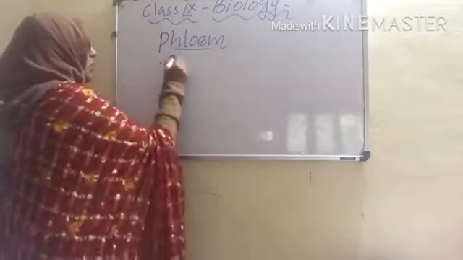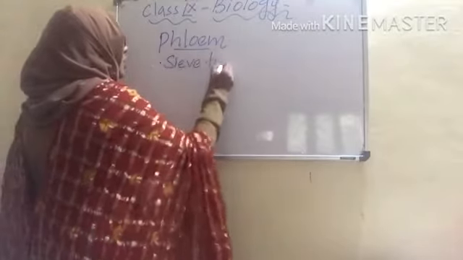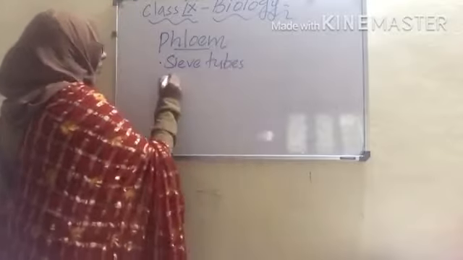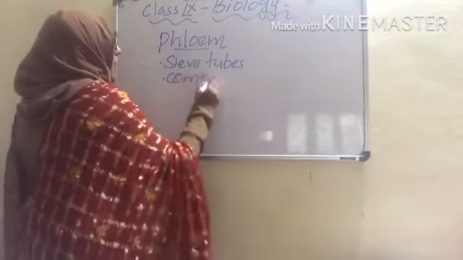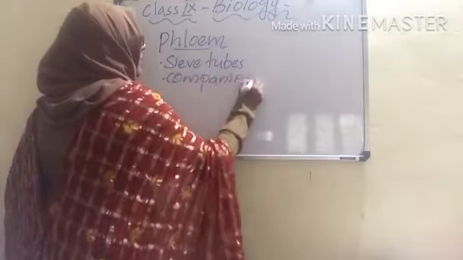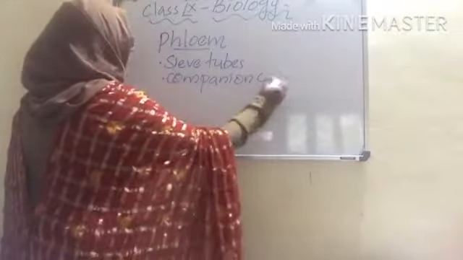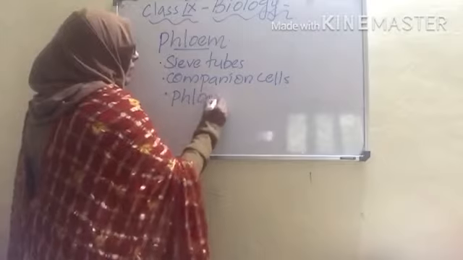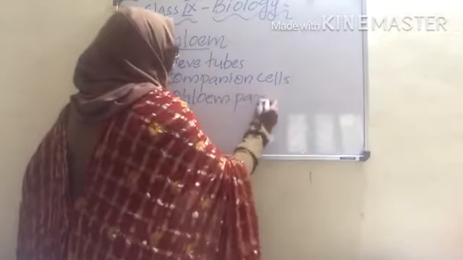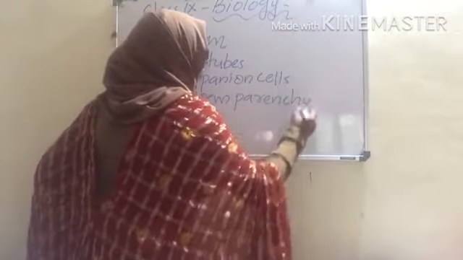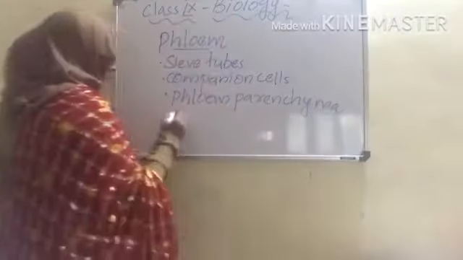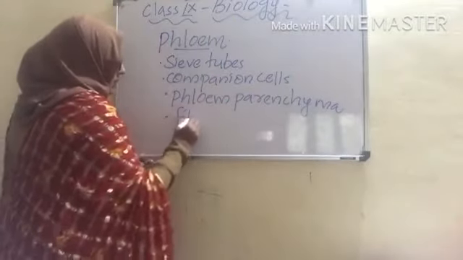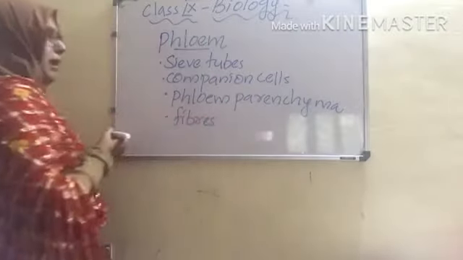They include sieve tubes, companion cells, phloem parenchyma and phloem fibers.